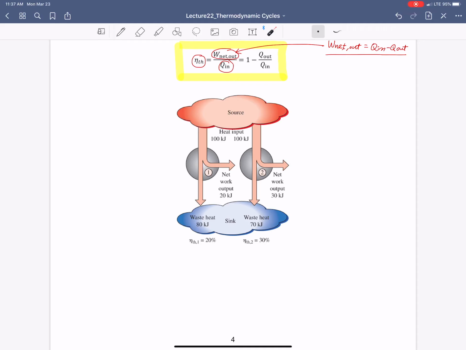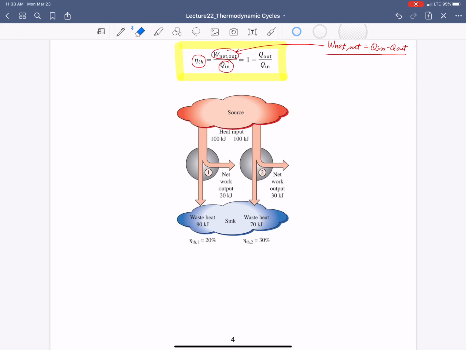So for this very specific example, engine 2 is better than engine 1 from both the power output point of view and the thermal efficiency point of view. But it should be noted that this is not always the case. Many times, the net work output does not go along with the efficiency.